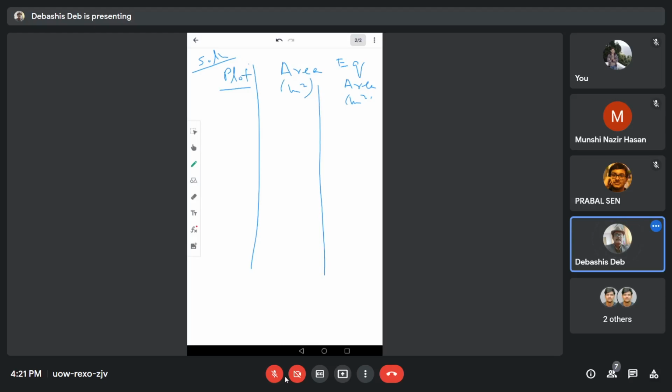Plot 1, and the area of plot 1, 60 into 25, it's coming 1500 square meter. Equivalent area, same.